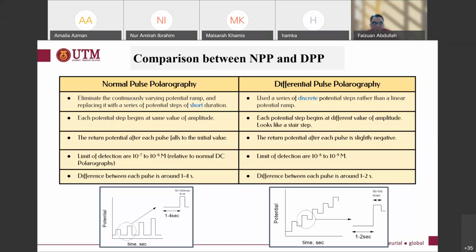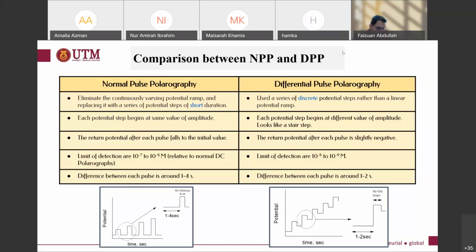Okay. So this is the general summary where we can see the comparison between normal pulse polarography and differential pulse polarography. For normal pulse polarography, basically it eliminates the continuous varying potential ramp and replaces it with a new series of potential steps of short duration.